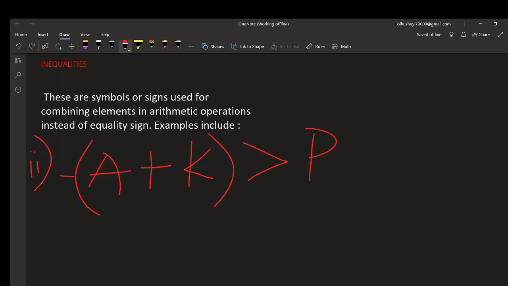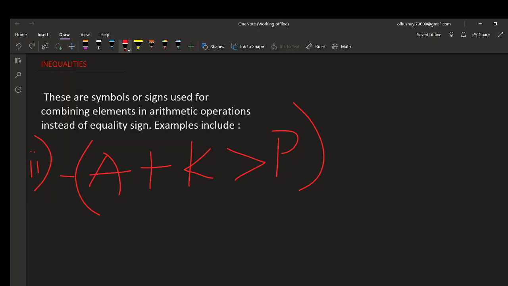If you have minus open bracket a plus k, let's say it is greater than p, then you close the bracket. Everything is enclosed in a bracket.